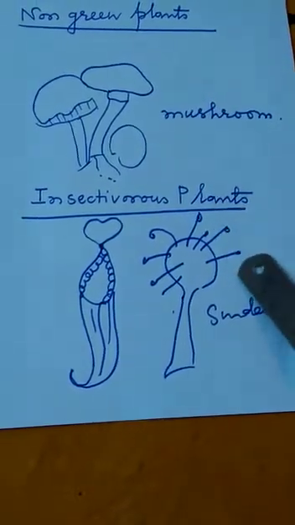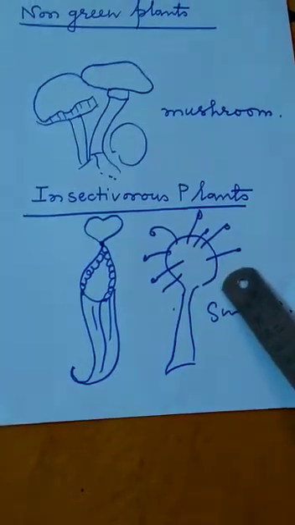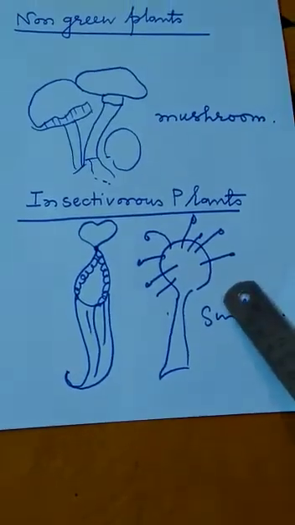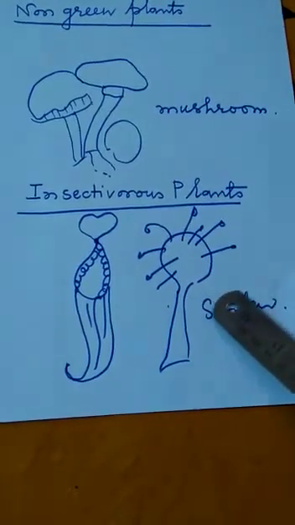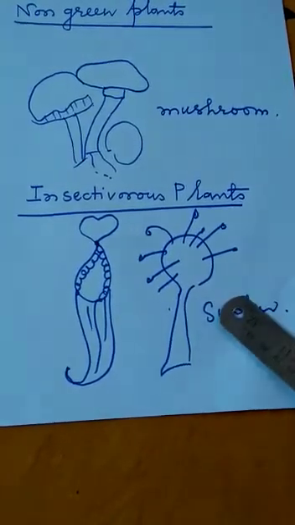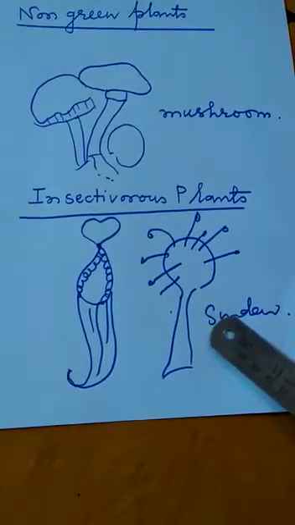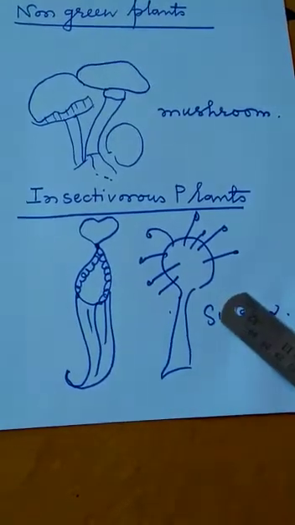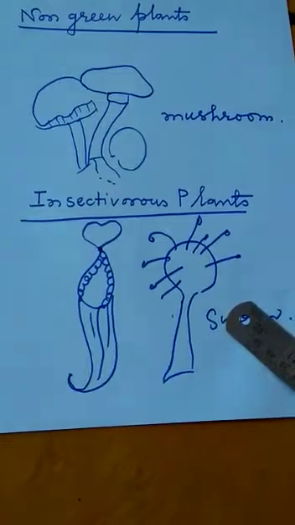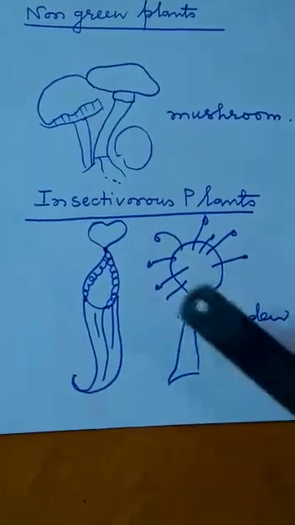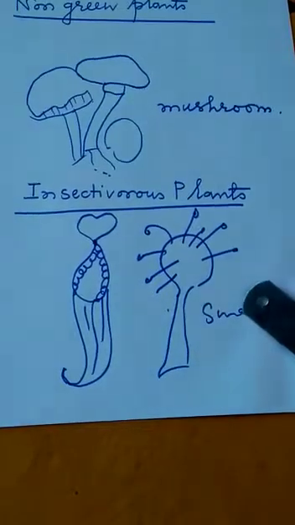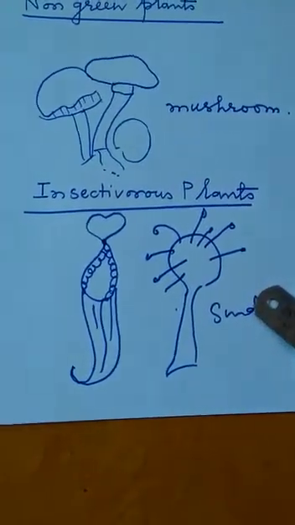Now, insectivorous plants. We discussed insectivorous plants yesterday. Some plants attract, capture, kill and digest insects. Such plants are known as insectivorous plants, or carnivorous plants. Venus flytrap, pitcher plant and sundew plant are examples of insectivorous plants.